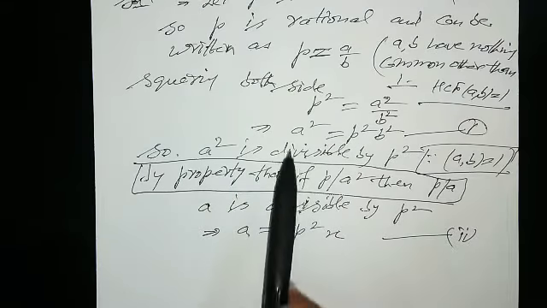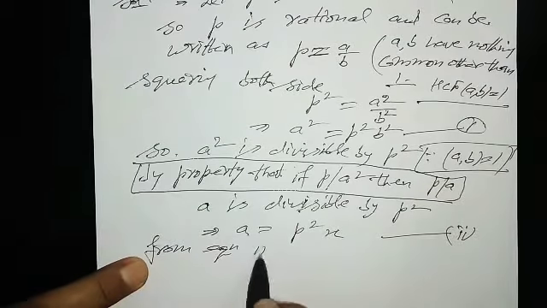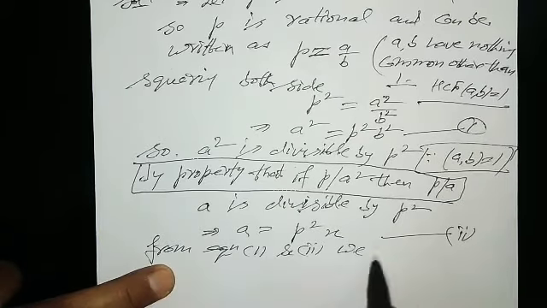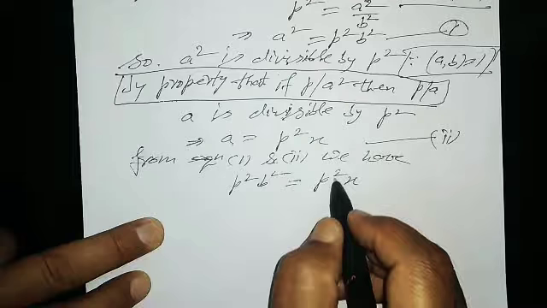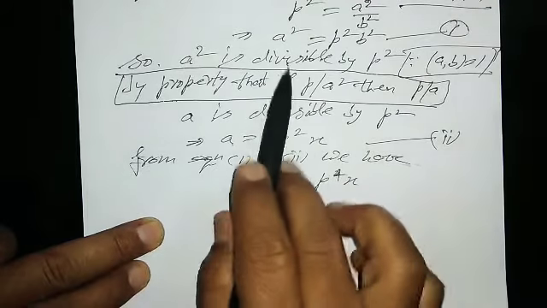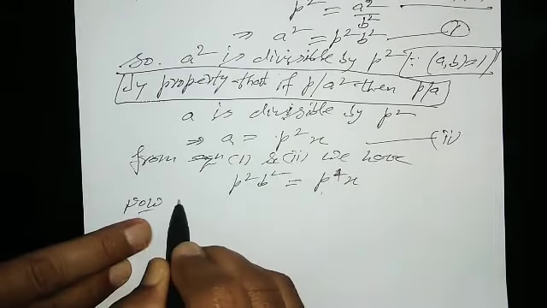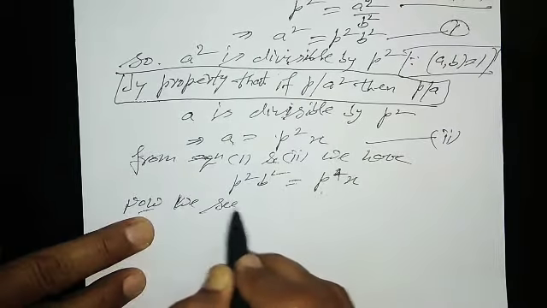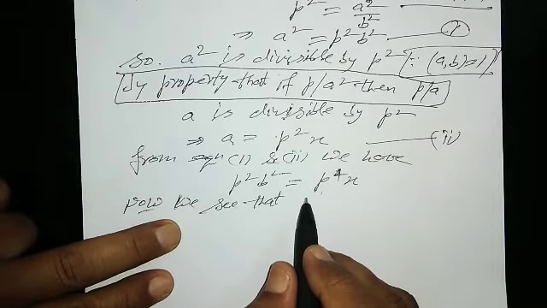Now this a can be put here, and from equation 1 and 2 we have p b square equal to p square x square.